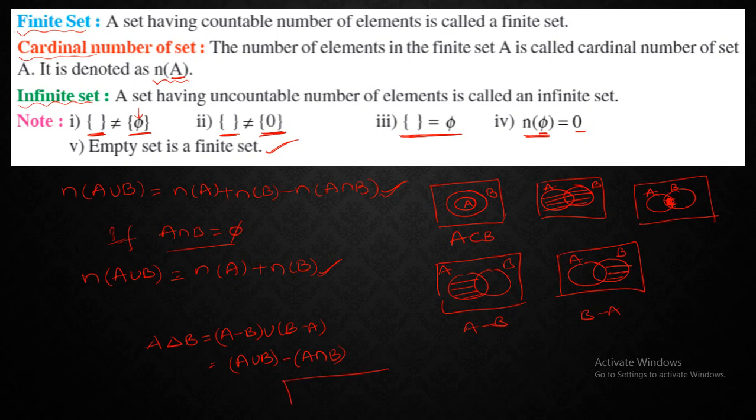In the Venn diagram, you fill only A and only B. This represents A delta B. These are the conceptual things which we need to remember.